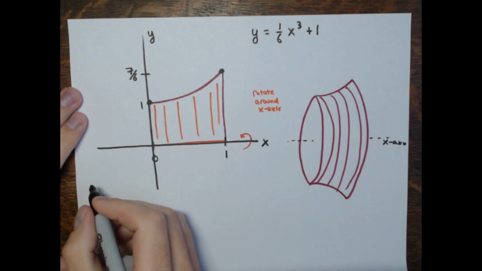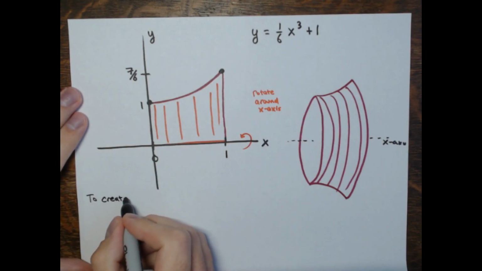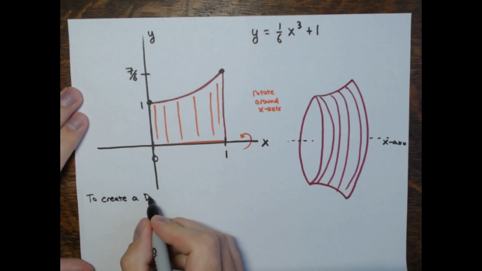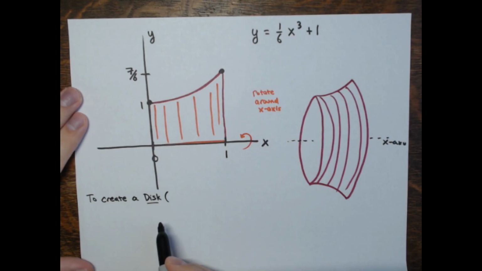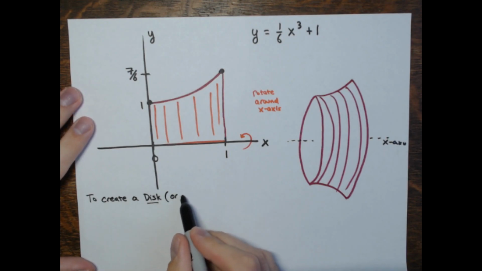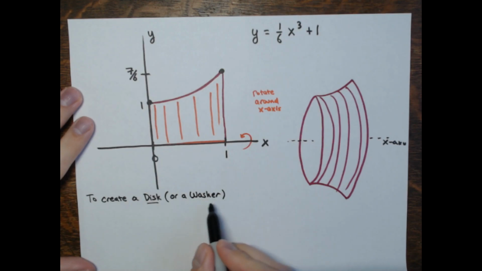So to create a disk, I'm going to talk about using the disk method. To create a disk, or later we'll see something called a washer, which I said earlier, right? A washer is simply a disk with a disk cut out of it.